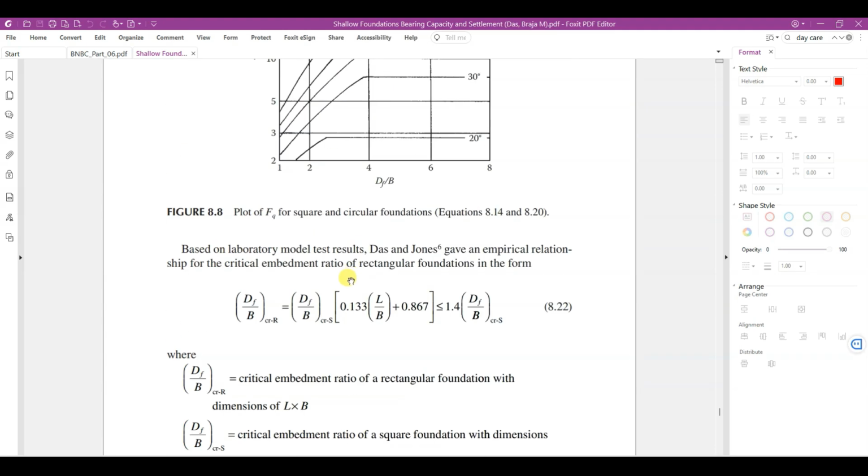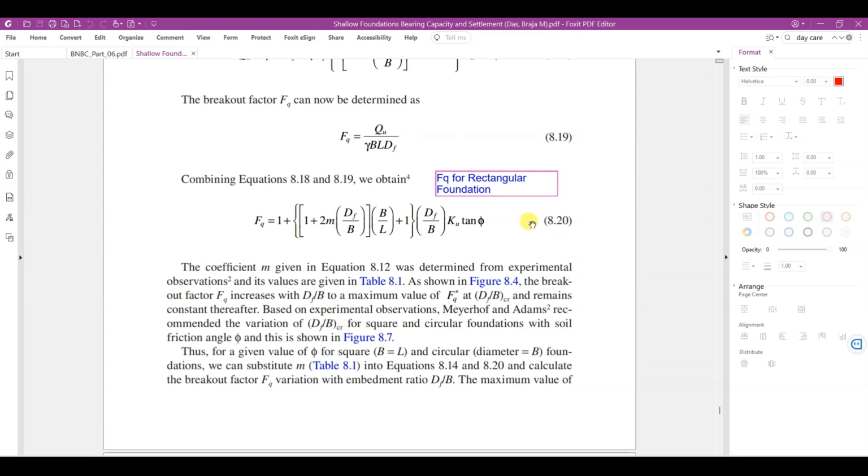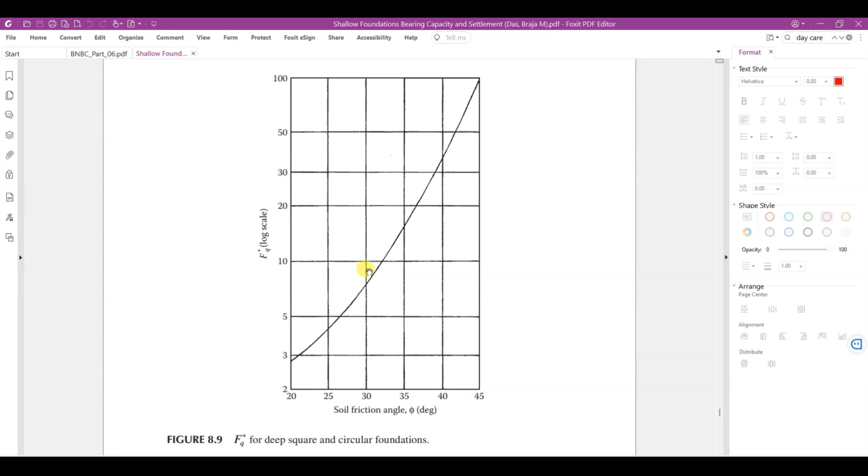It means that what you're getting from this particular formula of FQ, which I have shown you in my slide, say, for example, it is 2. Most probably it is 2 to 4 or something like this in our practical cases. It doesn't really go beyond the value we have seen in the previous graph, which is 8. However, if in some cases this value of FQ goes beyond the value shown in this curve, then we cannot go beyond the value provided here.